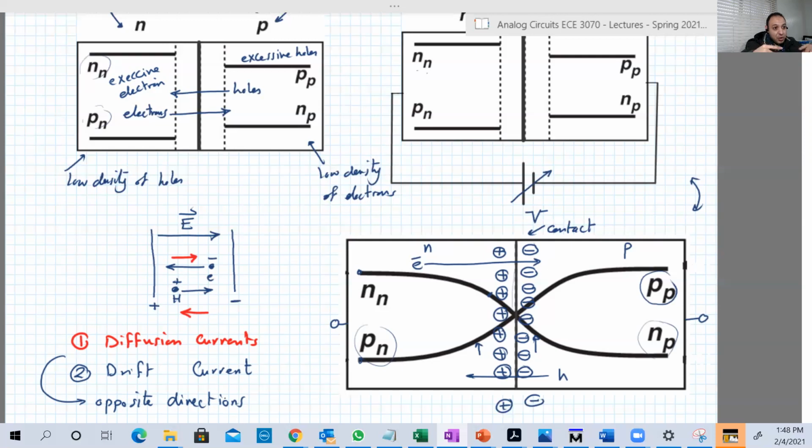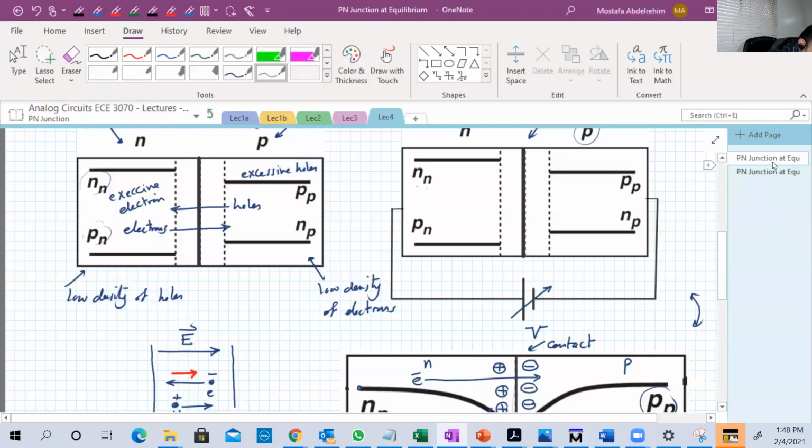This will create the electric field, and as the movement increases, the electric field will increase. I mean, the opposite current will increase as well. This will continue until some point in the future in which the drift current will cancel the diffusion current and the motion stops.